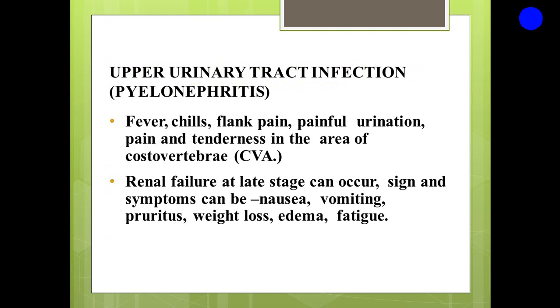Upper urinary tract infection, pyelonephritis: we have the manifestations of fever, chills, flank pain, painful urination, pain and tenderness in the costovertebral angle area, in the cases of CVA tenderness. Renal failure at a later stage can occur.